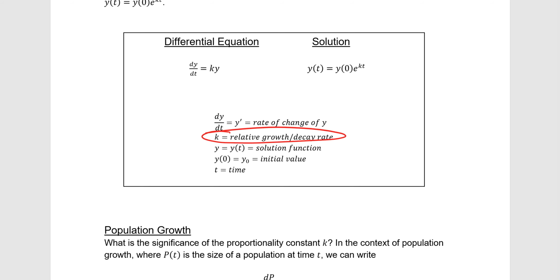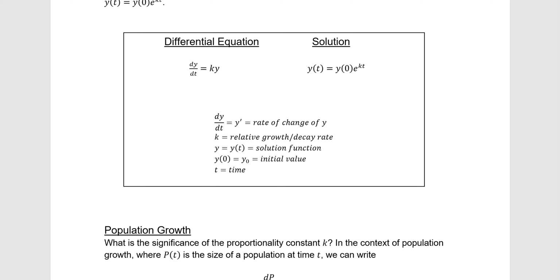K, the constant k, is the relative growth or decay rate. Y, or y of t, is the solution function. Y of 0, which we can also write as y sub 0, pronounced y naught, is the initial value, and t is time.